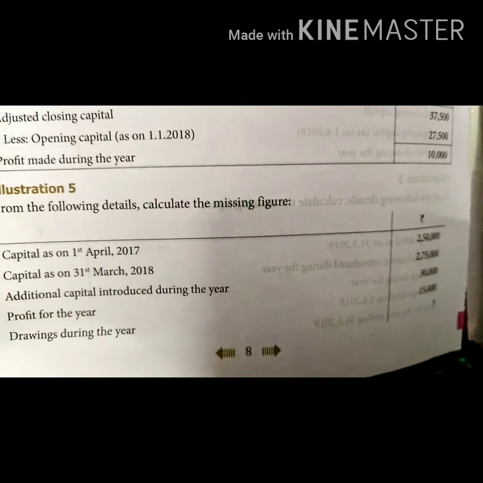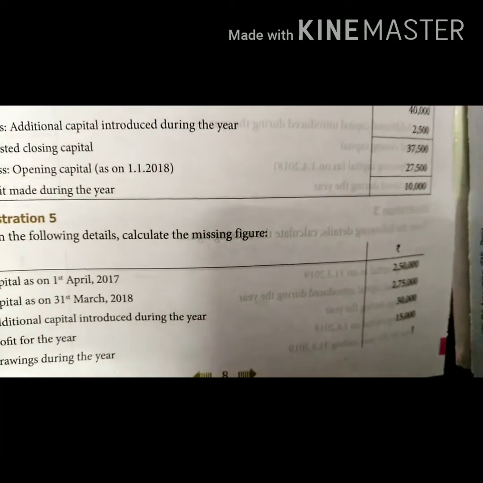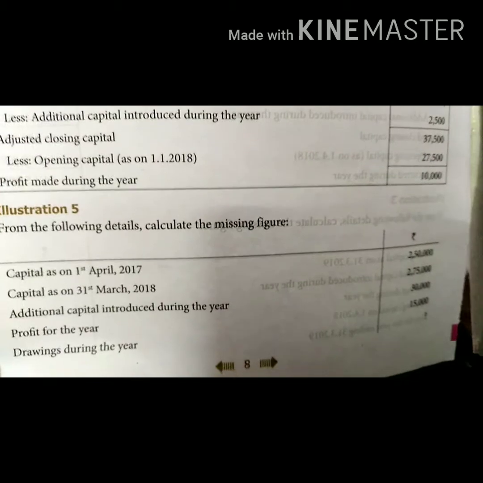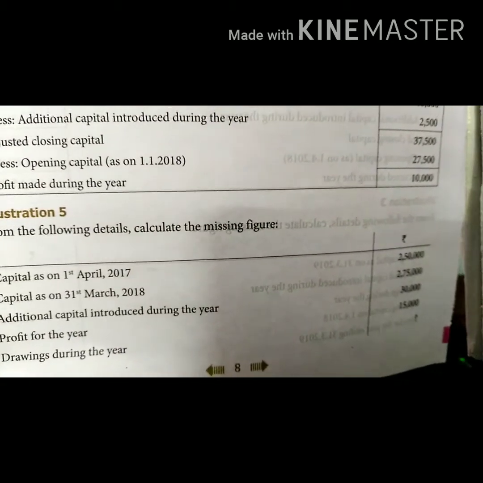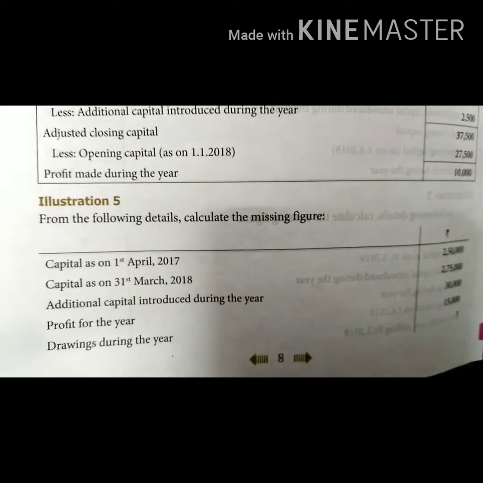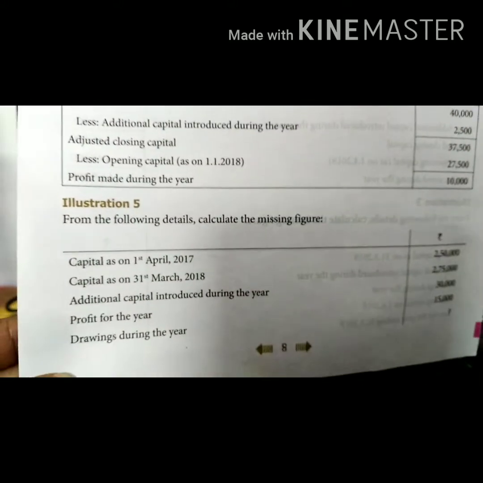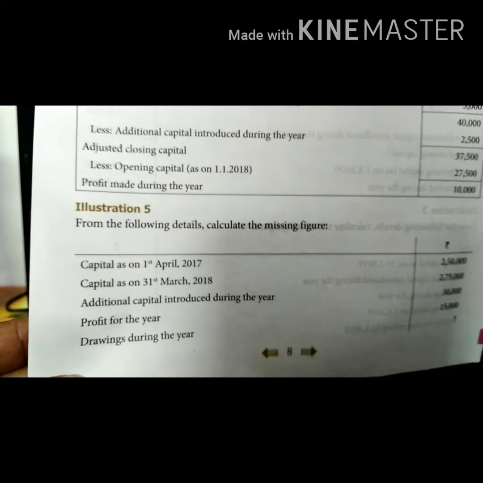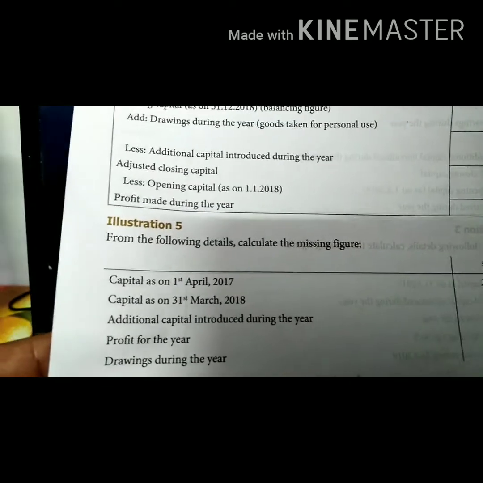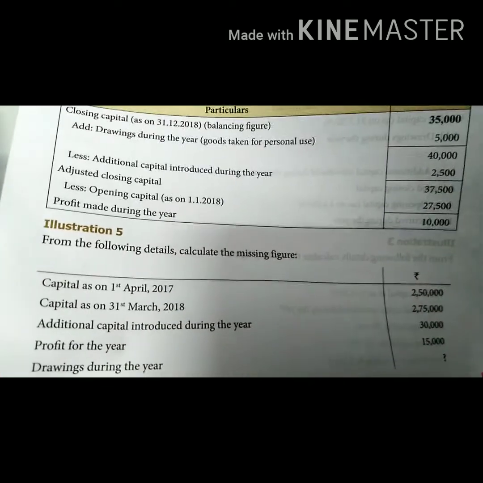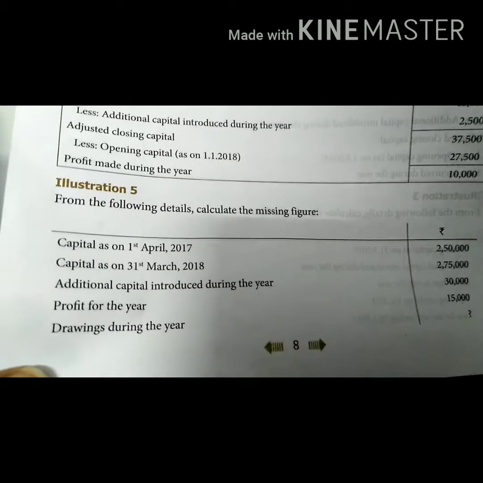Capital as on 1st April 2019 is 2,50,000, capital on 31st is 2,75,000, additional capital introduced during the year is 30,000, profit for the year is 15,000. Drawing during the year is what we are going to find out. This is the illustration problem on page number 8. See how to calculate the missing information.